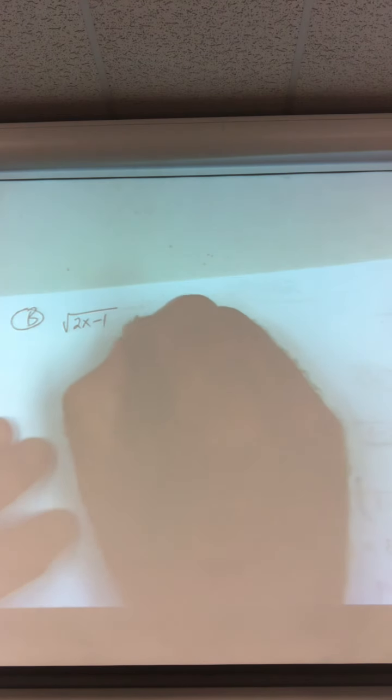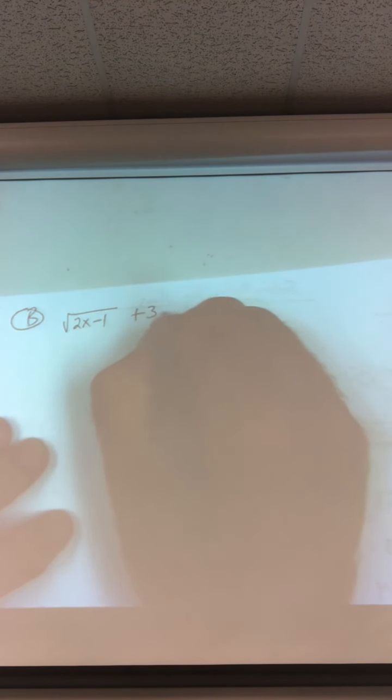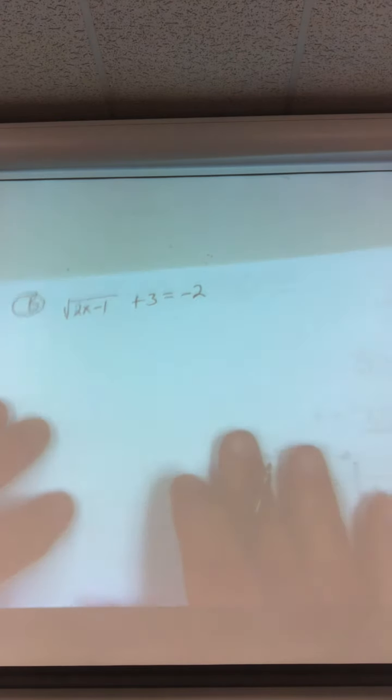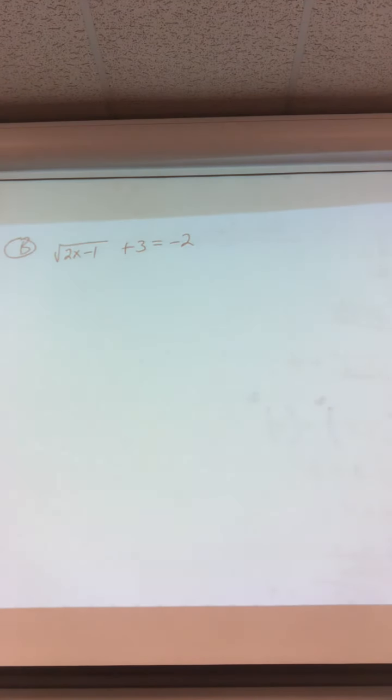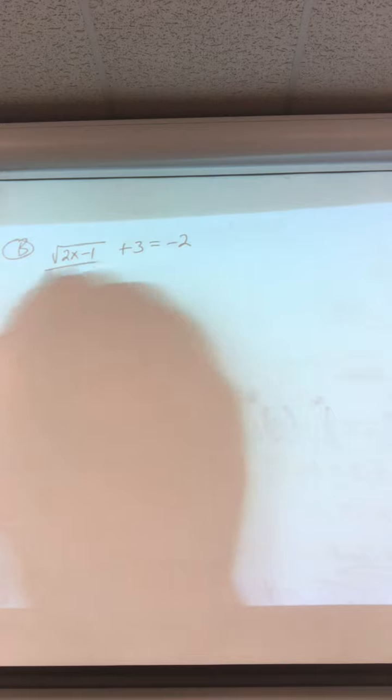Okay? Let's do 2 more examples here for this section. Now, make sure you learn your steps. Step 1, isolate the radical term. Okay, is the radical term by itself?